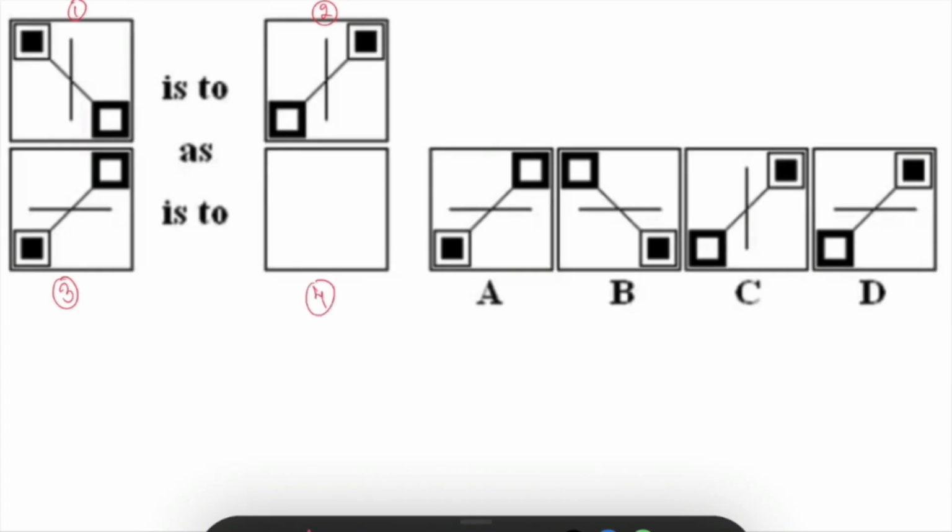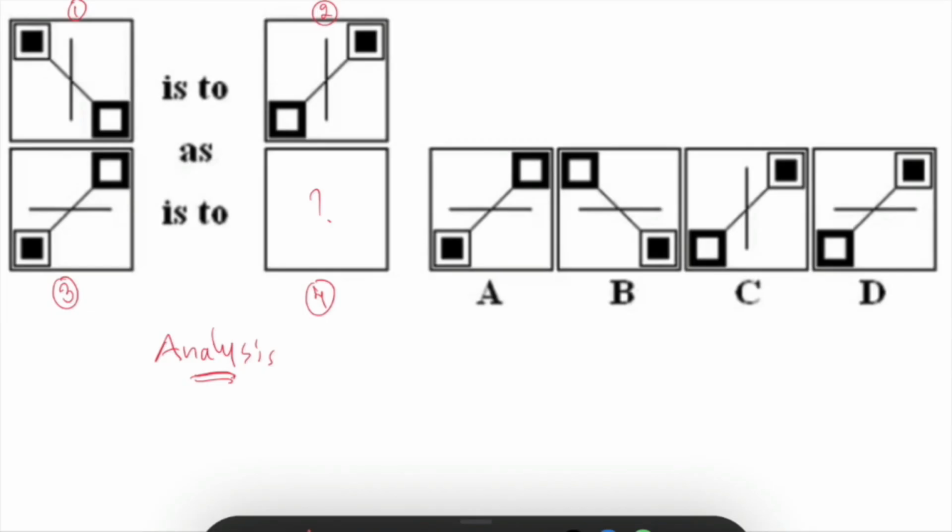So first we have to analyze and understand. We'll do some analysis to identify the relation between pattern 1 and pattern 2. And in light of this, we will try to apply this relation to find our target here, based on this relation.